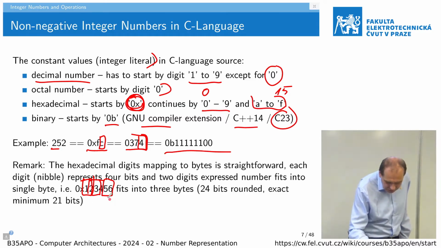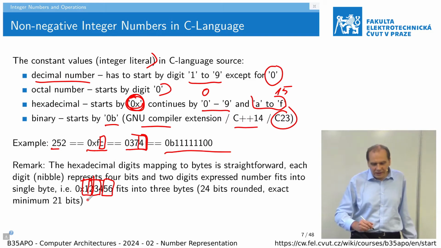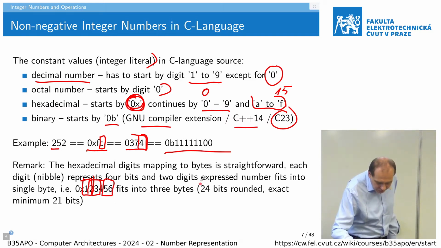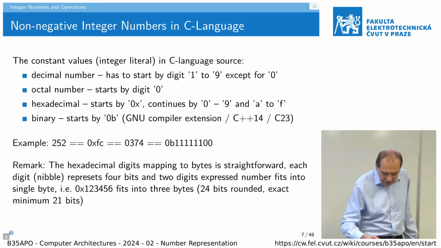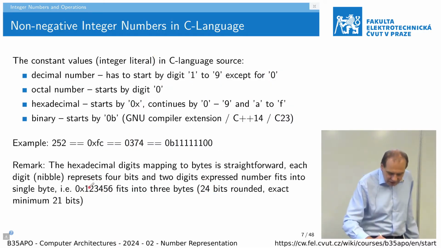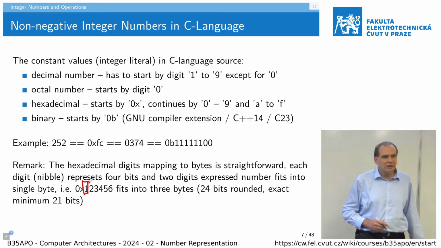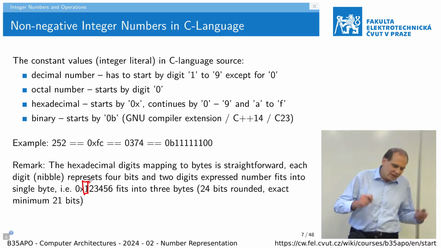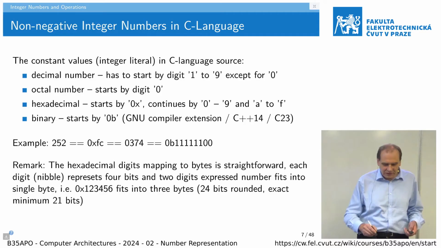We see that this one has 6 digits, so in fact 24 bits, even though we do not need exactly 24 bits for this number. It is 20 plus 1 bit to the most significant digit. But anyway, we usually round it up to 32 bits in our system, so no problem.